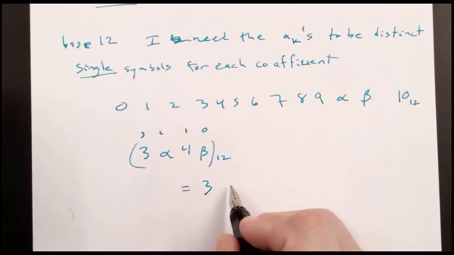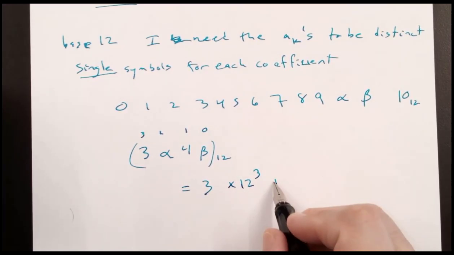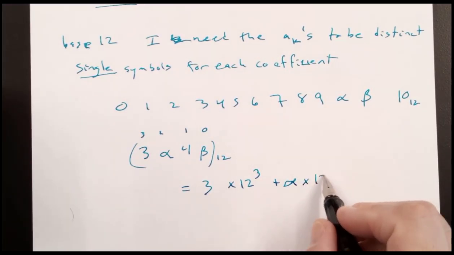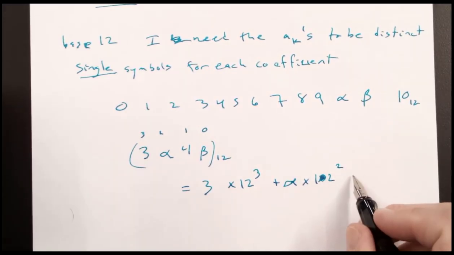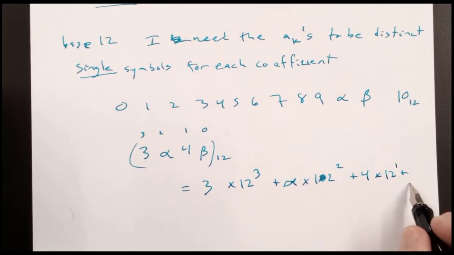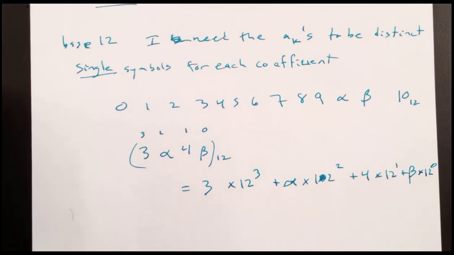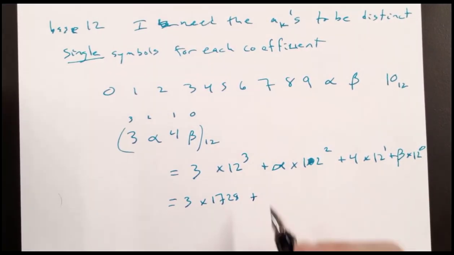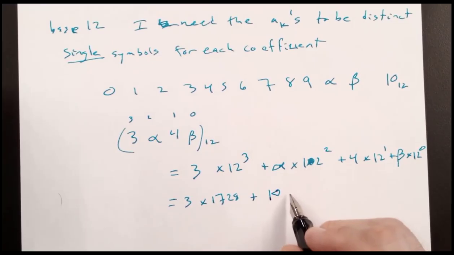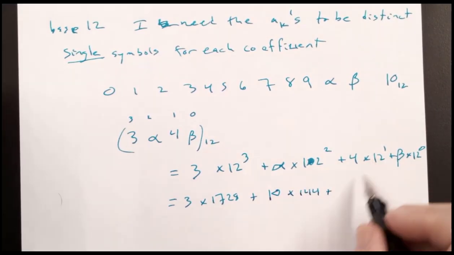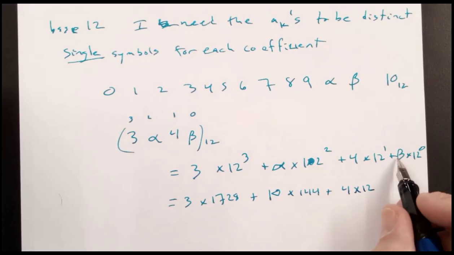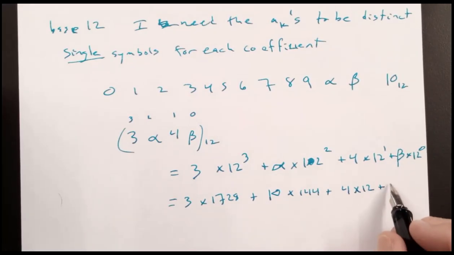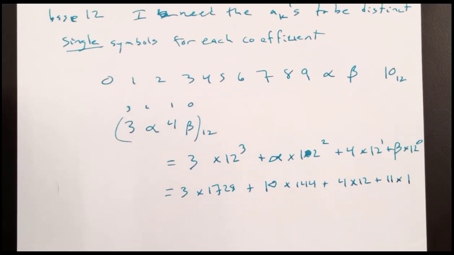This is 3 times 12 cubed plus dec times 12 squared plus 4 times 12 to the first plus L times 12 to the 0th. 12 cubed is 1,728. 12 squared is 144, and I get 10 of them. 12 to the first is just 12, and I get 11 ones, because that's 12 to the 0th. Out come the calculators.